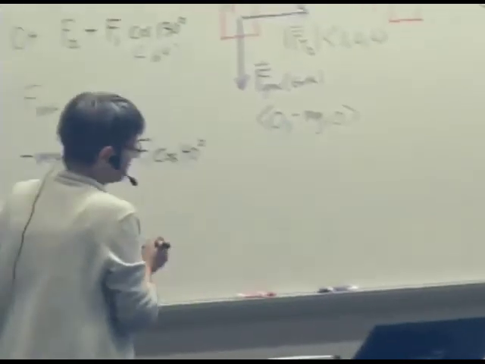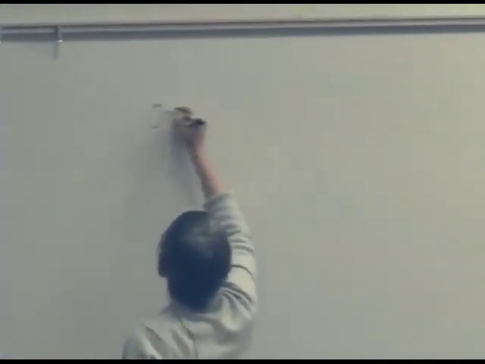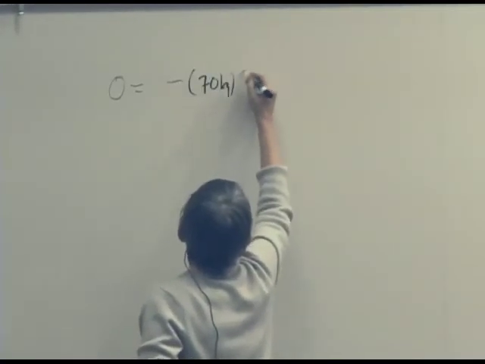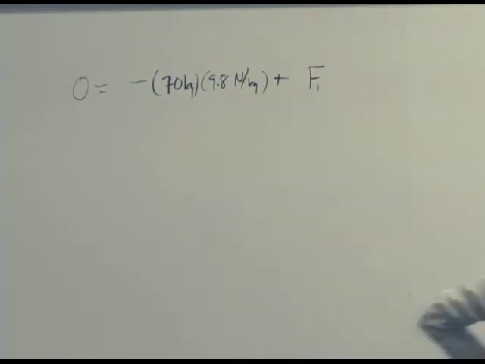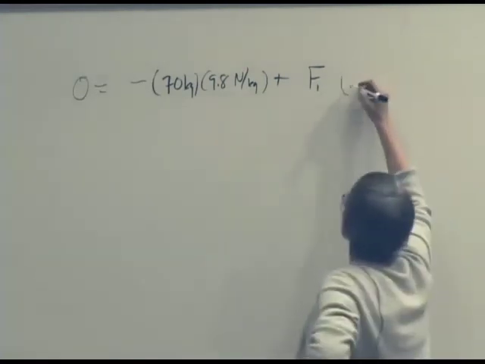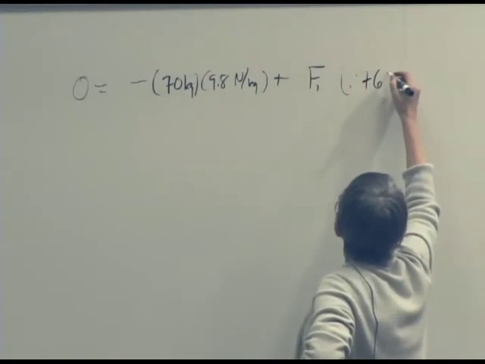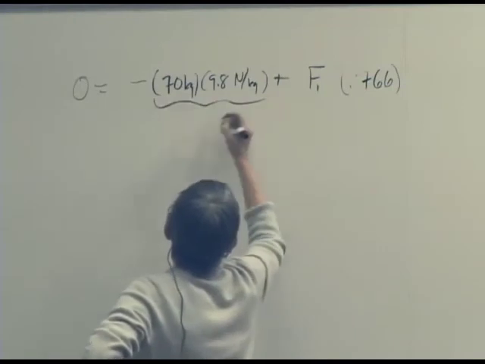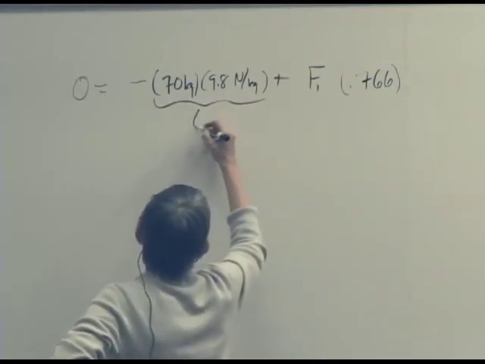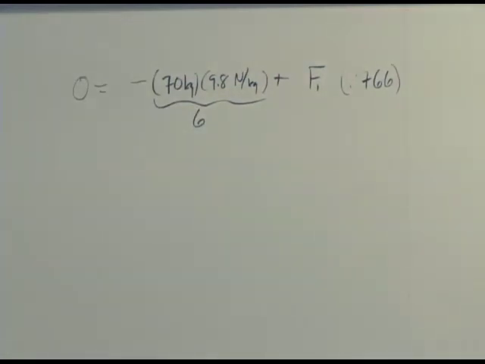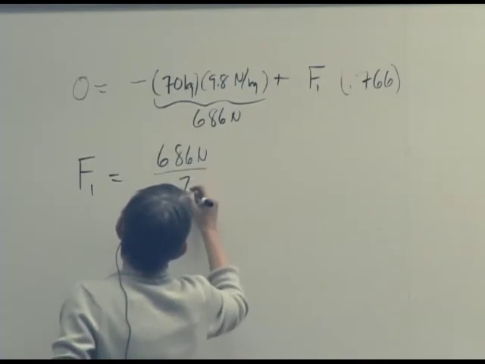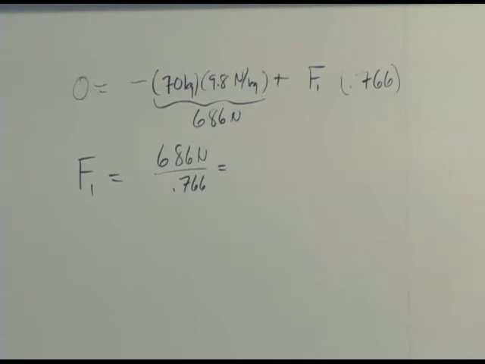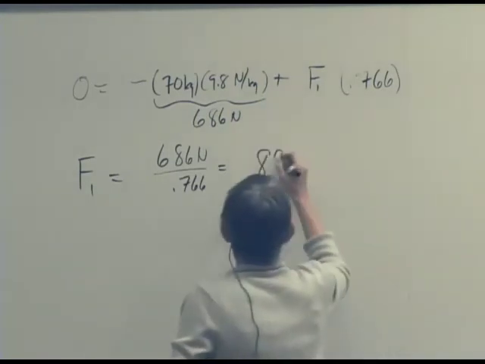So we have 0 is minus 70 kilograms times 9.8 newtons per kilogram plus this F1 times the cosine of 40 degrees, which is, what's the cosine of 40 degrees? 0.766. And this comes out to 686. And so if we solve for F1, it's 686 newtons divided by 0.766, and that comes out to 895 newtons.